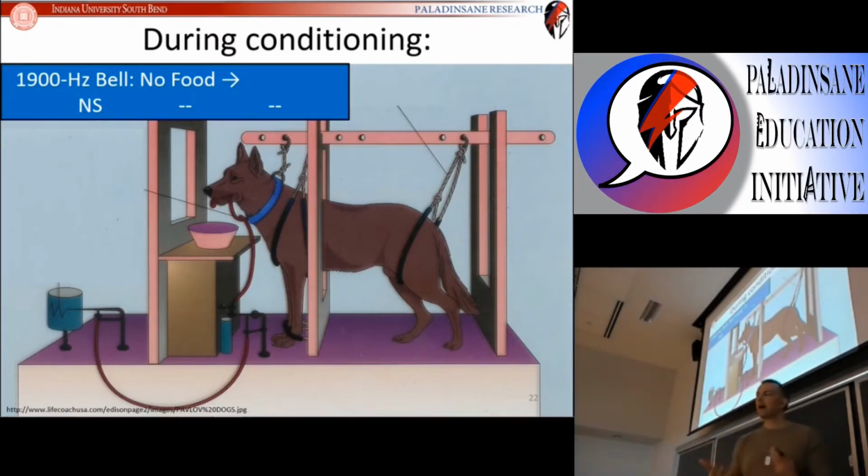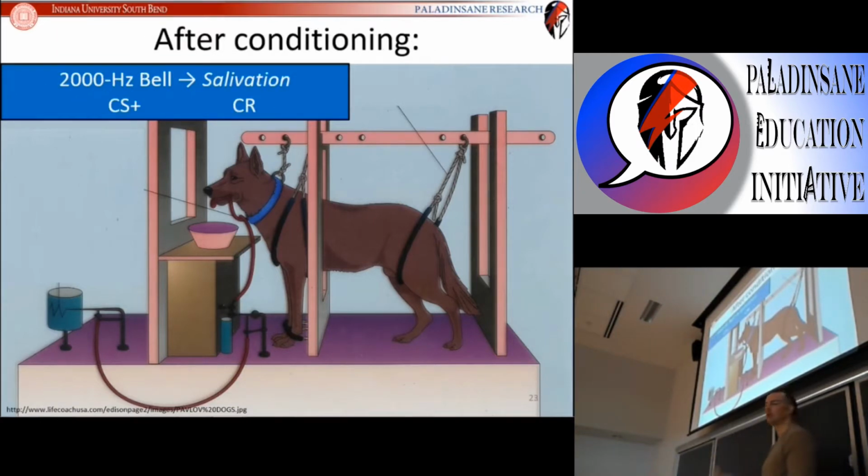And what you will find is that after conditioning, if you ring the 2000 hertz bell, the dog will have the conditioned response of salivation. That 2000 hertz bell has become an excitatory conditioned stimulus that causes the conditioned response. In addition to that, the 1900 hertz bell will become an inhibitory conditioned stimulus that will cause no response.